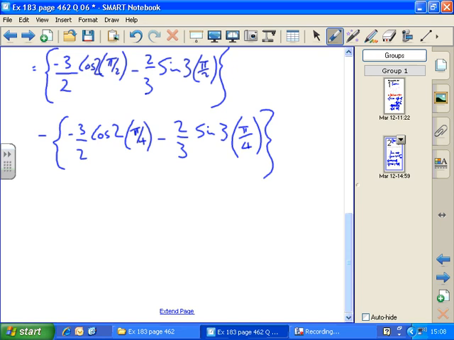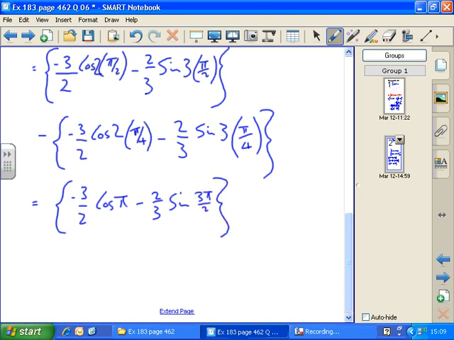We can take the next step, so that equals minus 3 over 2 cosine of 2 pi over 2, which is the cosine of pi, minus 2/3 sine 3 pi over 2, minus 3 over 2 cos 2 pi over 4, which is pi over 2, minus 2/3 sine 3 pi over 4.